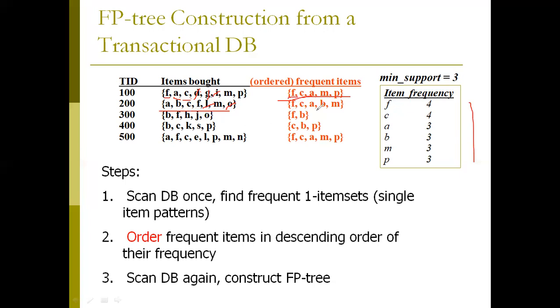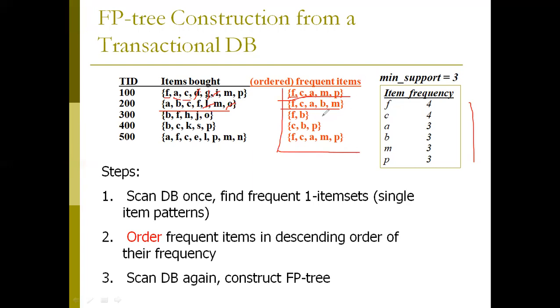So F C A B M, like this, right? You need to do the same for the remaining transactions also. So then we have some ordered frequent item sets. These are the ordered frequent item sets, right?